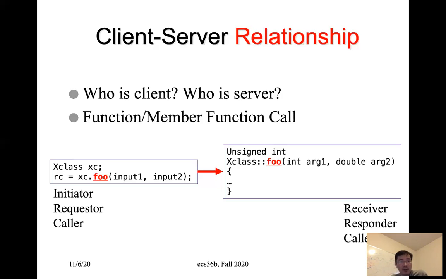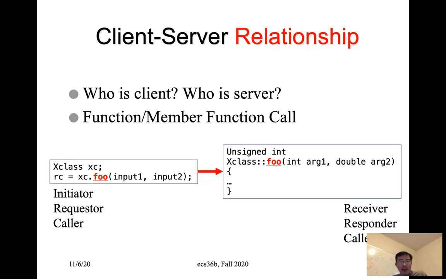The requester is the one on the left who is requesting the service foo from this object xc, or from the other segment of code. The piece of code being executed in foo is the responder, because in a function call, it's just receiving a request to perform what you need within that function call, whatever foo, whatever get VSID or conflict of interest or whatever function, or get GPS, calculate GPS location.